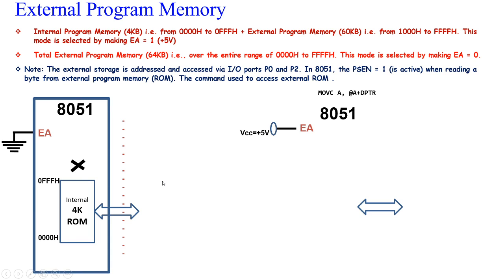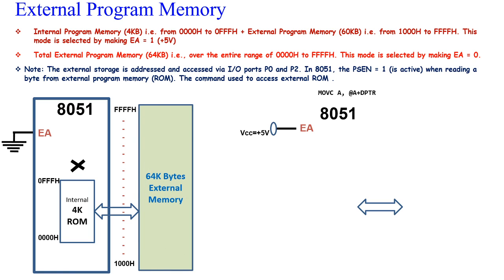Now how do internal and external memory get accessed? When EA, external access, is connected to ground, the microcontroller will not access internal memory. It generates the address of external memory, that is 64K, using the microcontroller address bus.